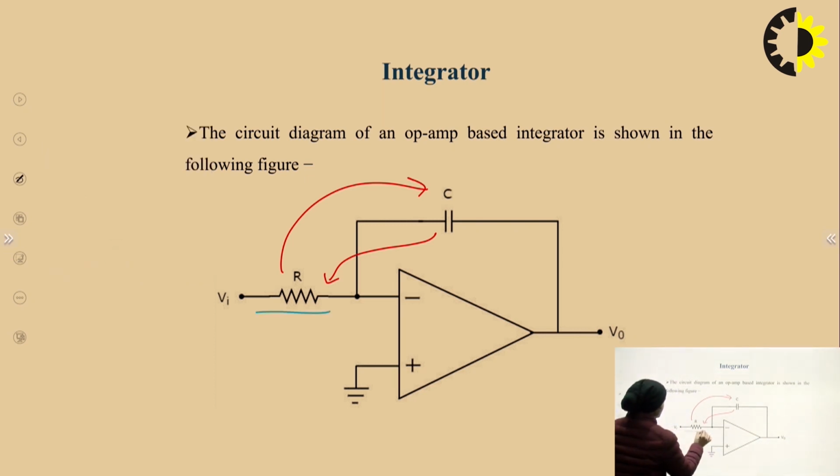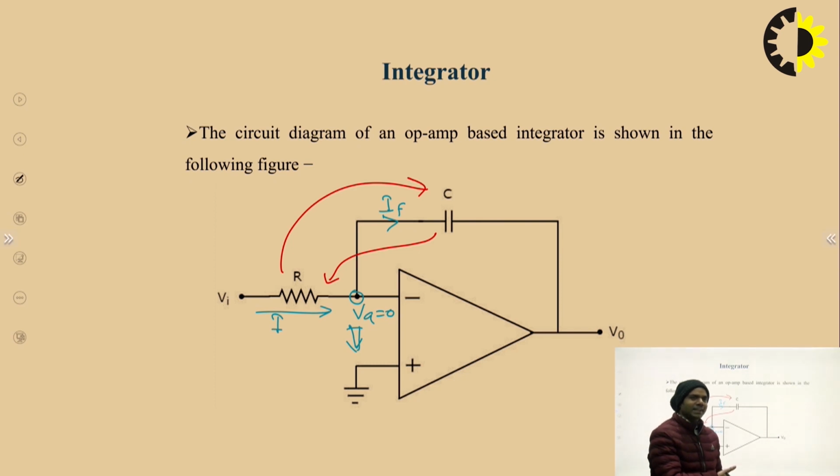That means the current which is flowing here through the resistor will be equal to the feedback current, and this voltage VA is equal to 0 by virtual ground concept. This current I will be equal to VI minus VA divided by R, and the feedback current is equal to, as we have seen earlier, I is equal to C dV by dt.